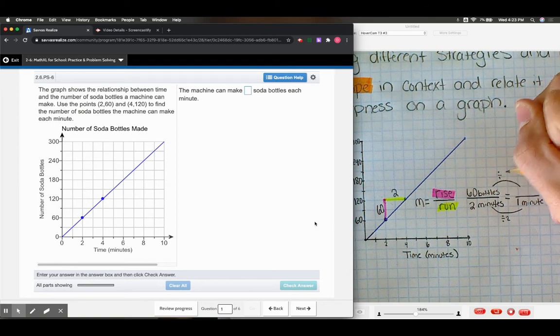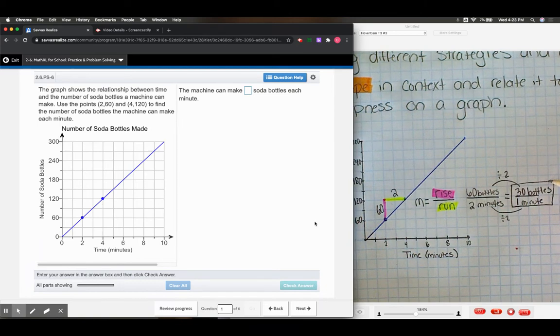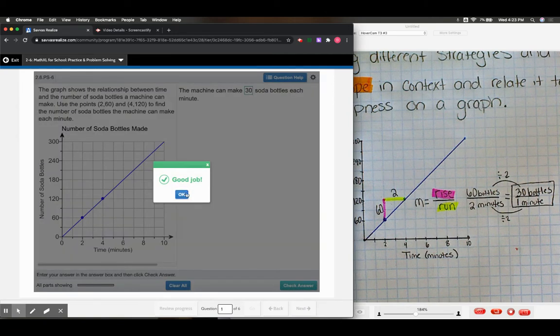Divide by 2 right now. And 60 divided by 2 is 30 bottles. Here's our unit rate. And we're going to put that answer in. Check it out. We got it.